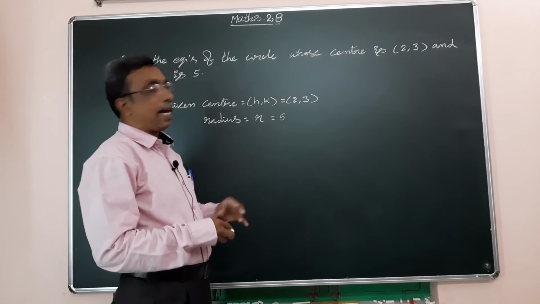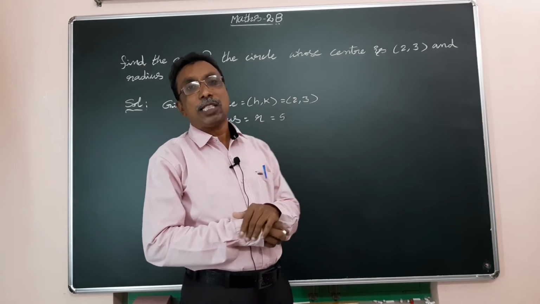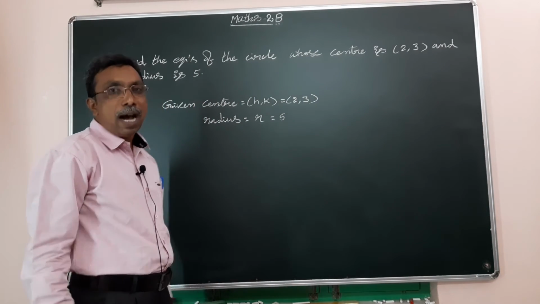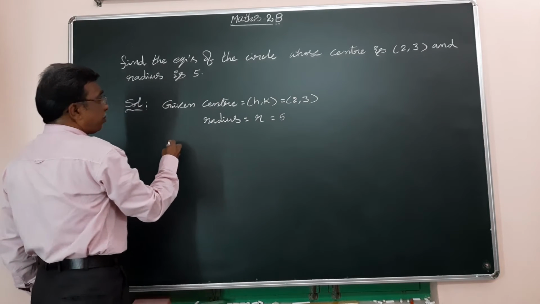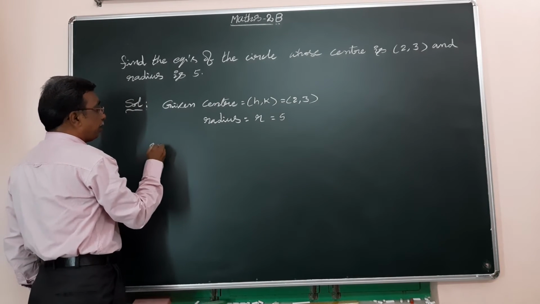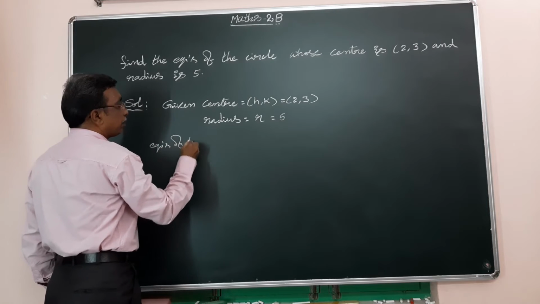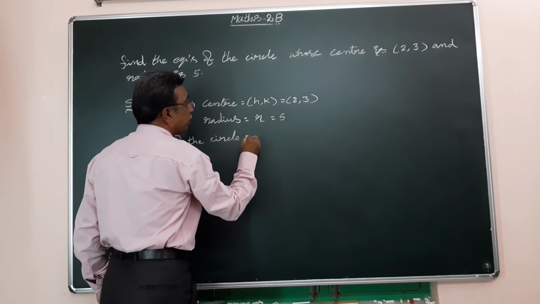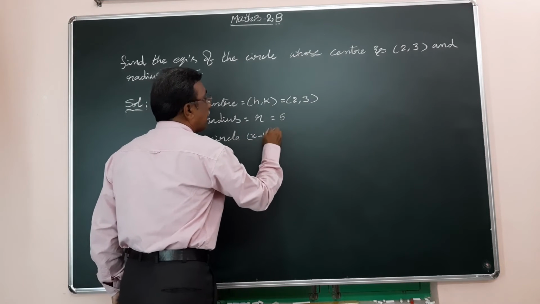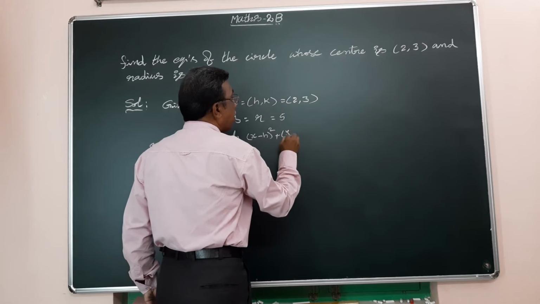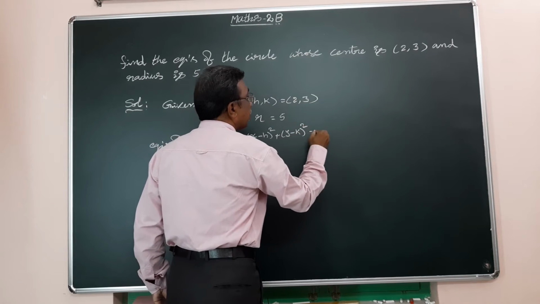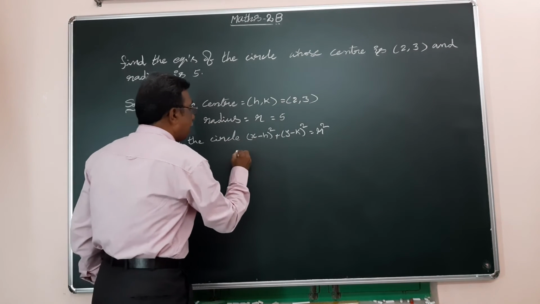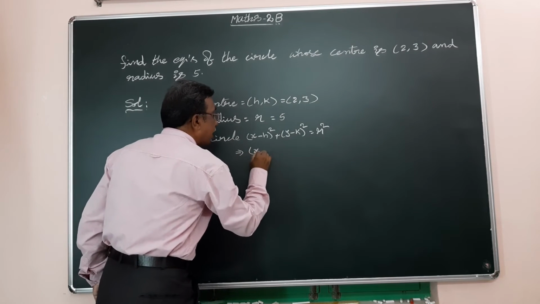Now we find the equation of this circle. Center h, k and radius r. What is the equation of this circle? X minus h whole square plus y minus k whole square equal to r square. Now substituting these values, x minus h.